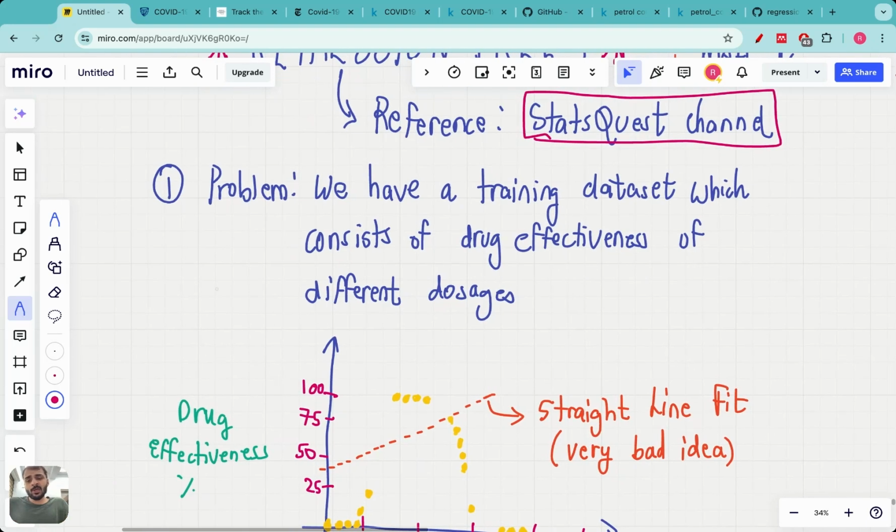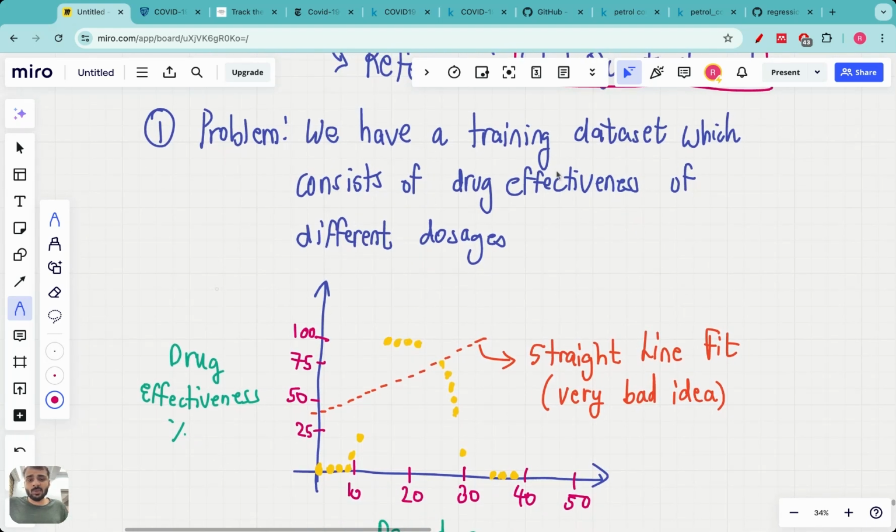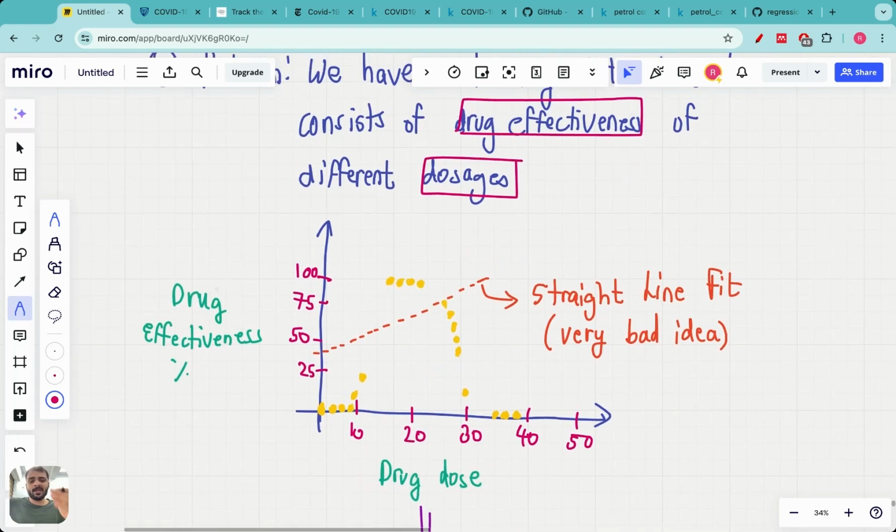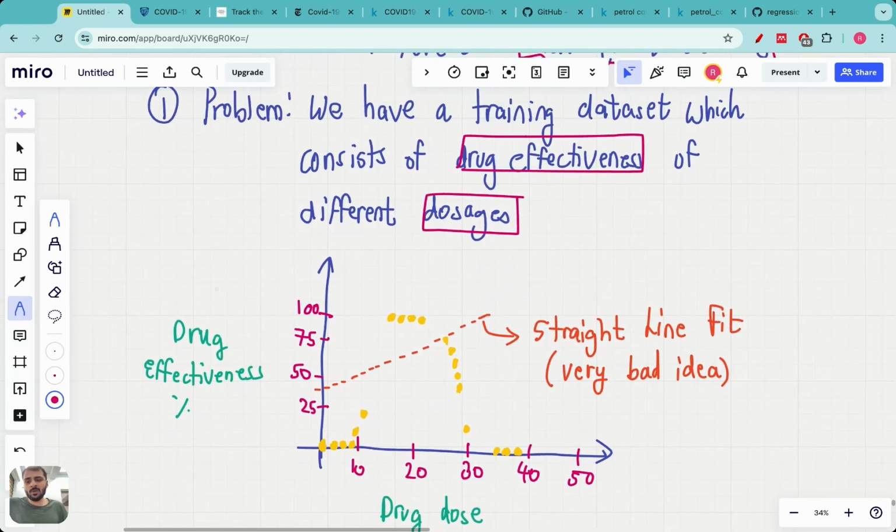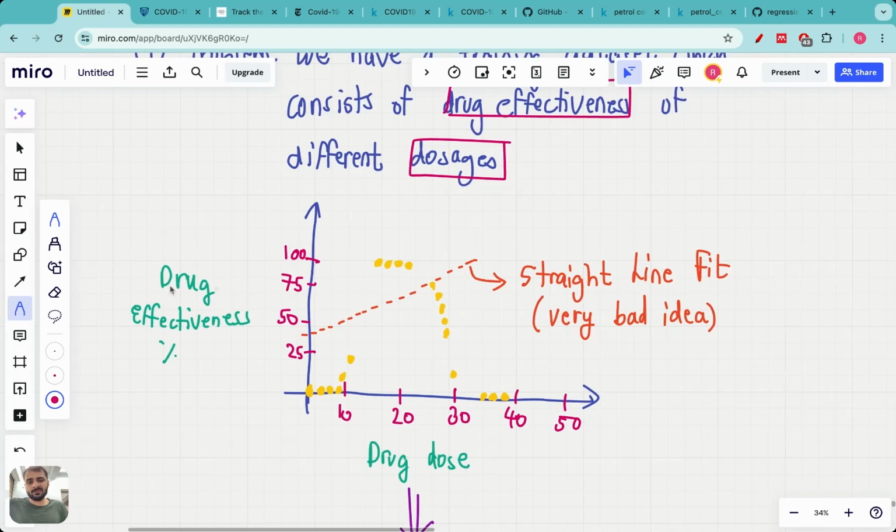So the problem which we are going to solve is this. We have a training data set which consists of drug effectiveness on the y-axis and the dosage of the drug on the x-axis. So imagine a data set where you have the drug dosage, in terms of percentage, so 10, 20, 30, 40, etc. And on the y-axis, you have drug effectiveness percentage.